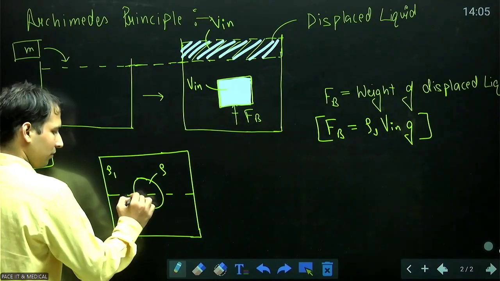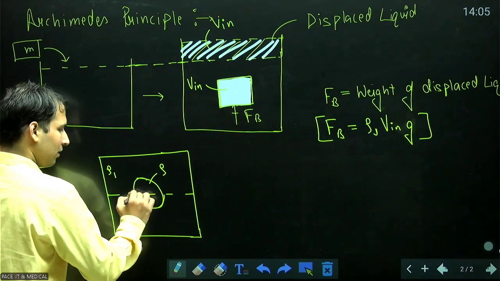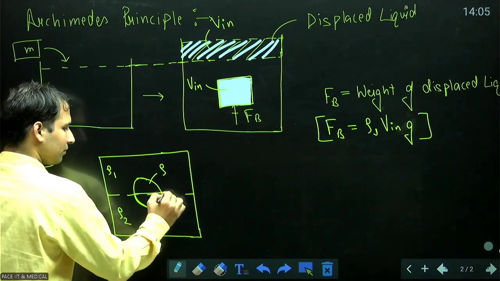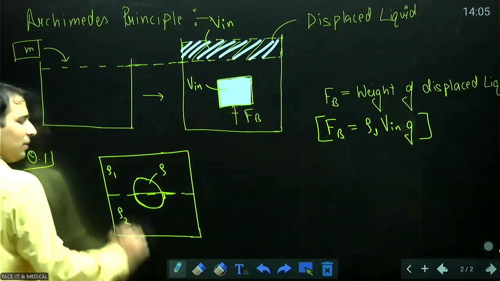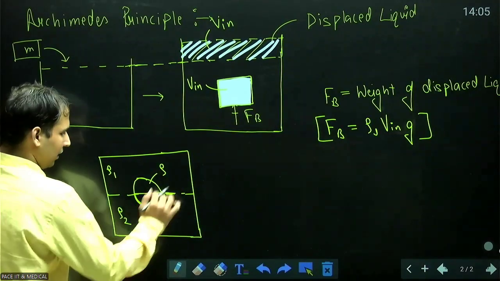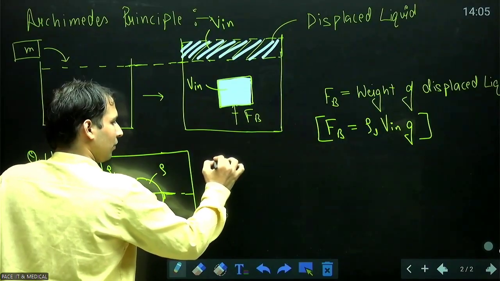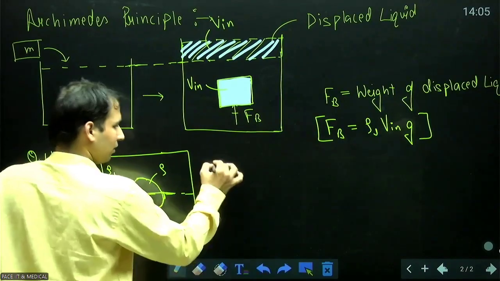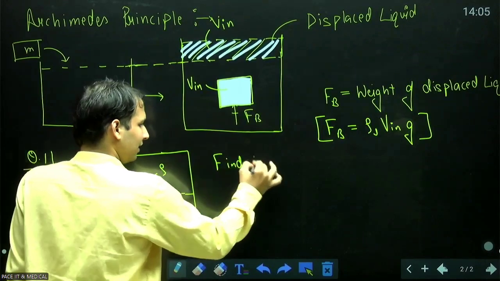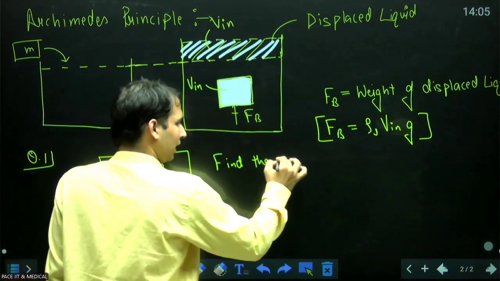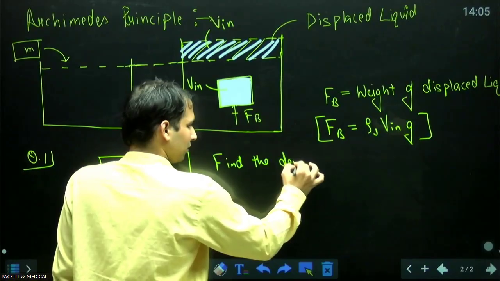So half of the volume is in the upper liquid and half is in the lower liquid, right? We have to find the density of this solid ball.